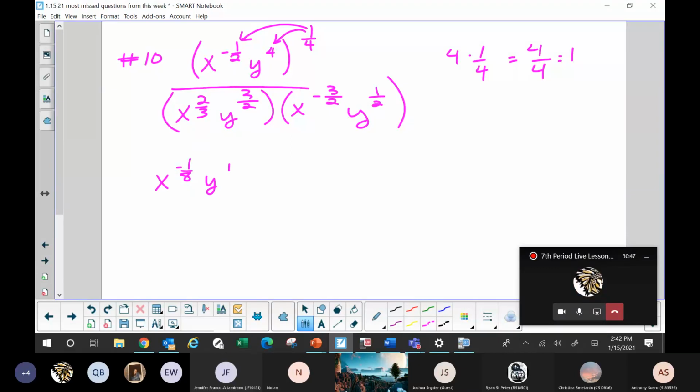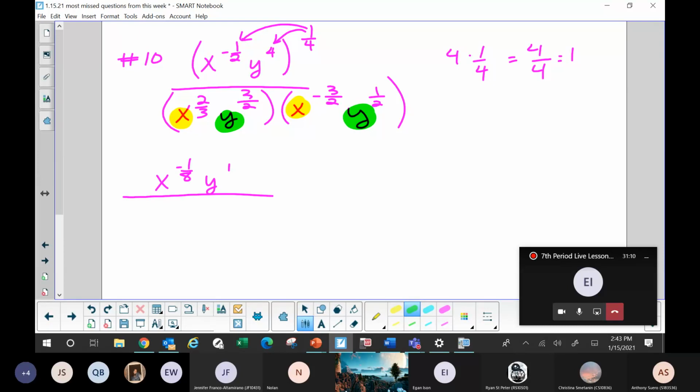Now on the bottom, let me get my highlighter out. We've got like bases here and here, and we have like bases here and here. When you have like bases and you're multiplying, you can simply add your exponents.